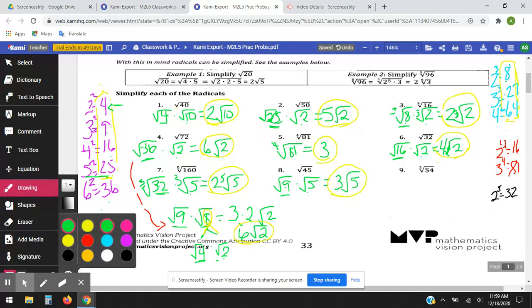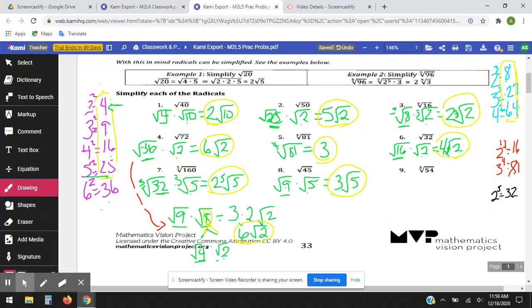All right, last one. We have a cubed root of 54. So now we're looking over in this column. 8 times 7 is 56, not quite. 27 times 2. There we go, we use 27. So cubed root of 27 times cubed root of 2.